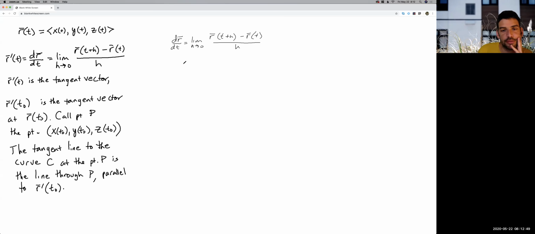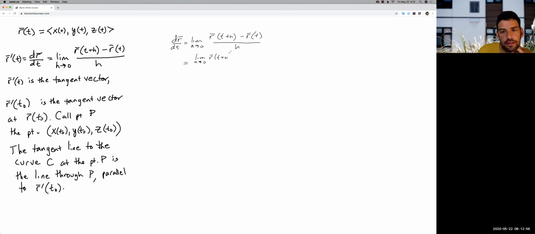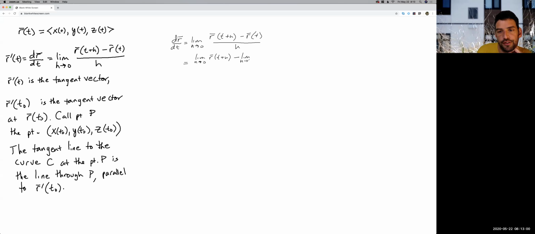We're really just going to be able to use all of our limit laws, which comes pretty straight from how we define limits for vector functions r of t.